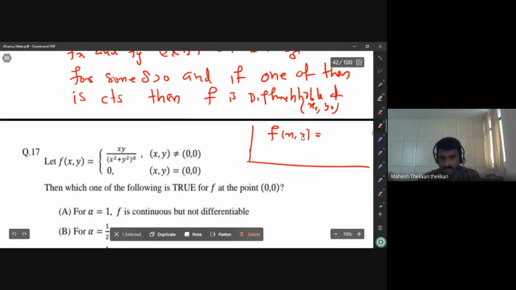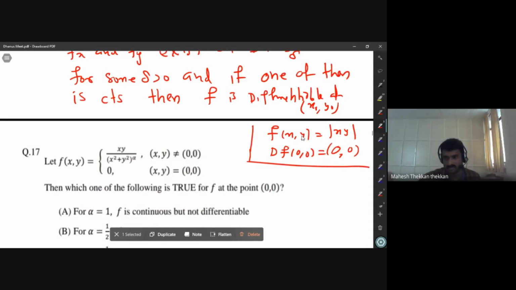f of x, y is equal to mod xy. If you take this function, you can say that the derivative df of 0, 0 will be 0. Both the partial derivatives will exist: fx at 0, 0 exists, fy at 0, 0 exists.